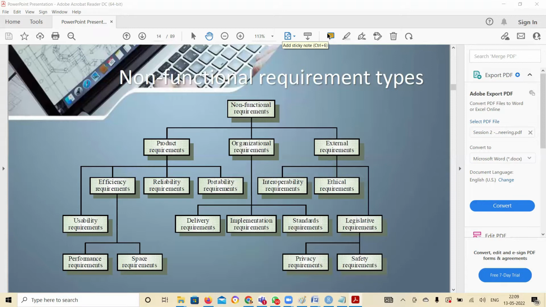Then if you talk about the organizational perspective, you have delivery requirements. Delivery requirements means how soon can you deliver, right? Not soon, I shouldn't say so. When you promise a certain date, you should be able to deliver on that date. Even before is not supposed to be good, right? If you say 15 days, it should be done in 15 days only, with all the features that you promised to deliver in 15 days.